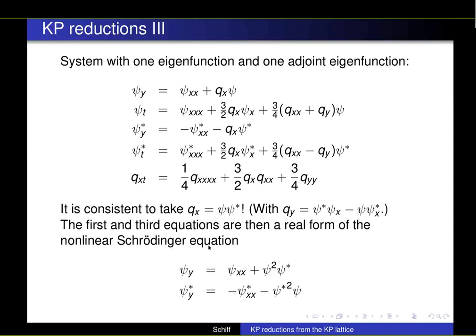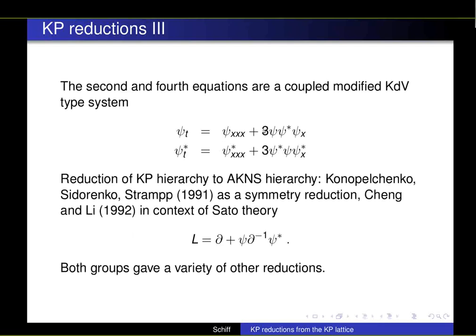And then the first and third equations here become a real form of the nonlinear Schrodinger equation. Again, if you put in i, you would have exactly the nonlinear Schrodinger equation and its complex conjugate. You can also apply this reduction to the t equations. You get this system of equations which are called coupled modified KdV systems.